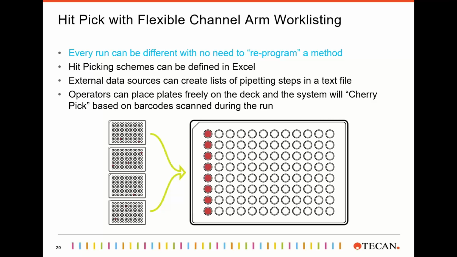And you don't have to think when you work list about, can my channels reach those positions? Is channel 1 used for that sample? Can it reach that particular place where that sample is? The software is going to take care of all of that for you.